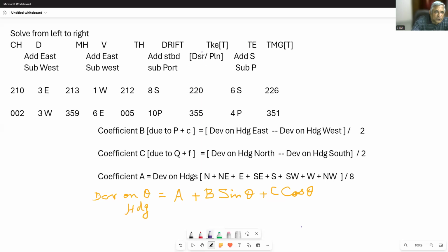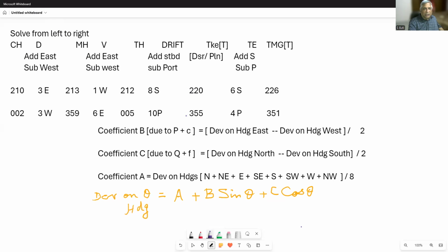And if it's a track magnetic and you apply the drift, then you will get magnetic heading. So magnetic heading plus or minus drift gives you magnetic track. True heading plus or minus the drift gives you true track. When do we add? If the aircraft is going to drift to starboard, that means my track will be to the starboard.